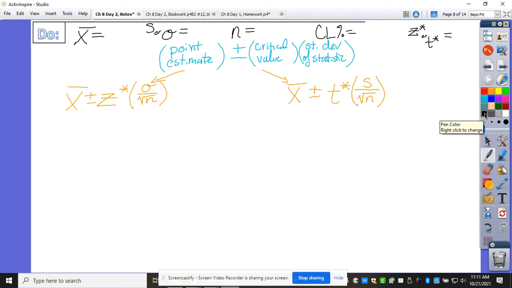And then you're going to write your answer as, what symbol are we trying to estimate?